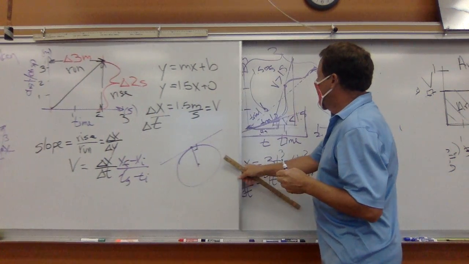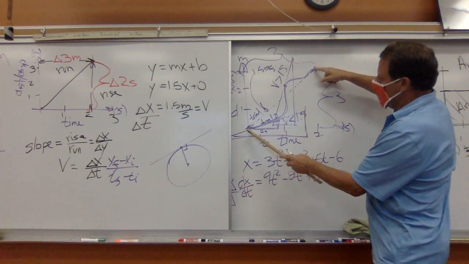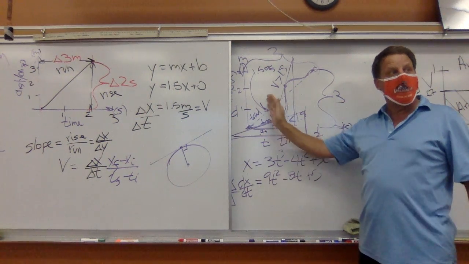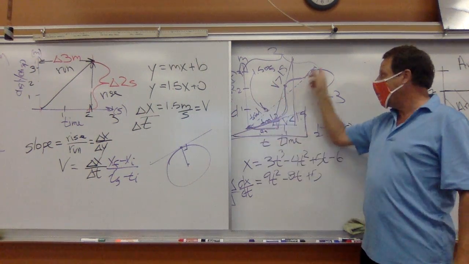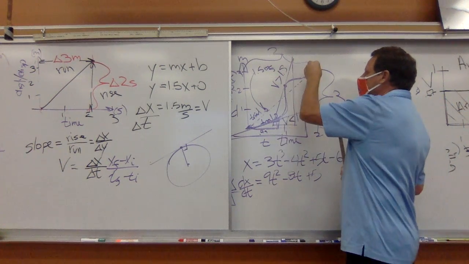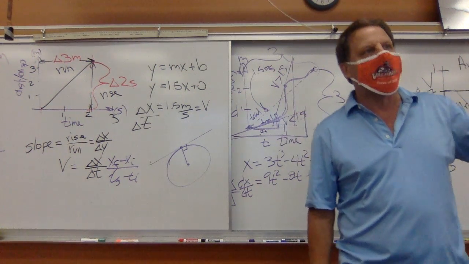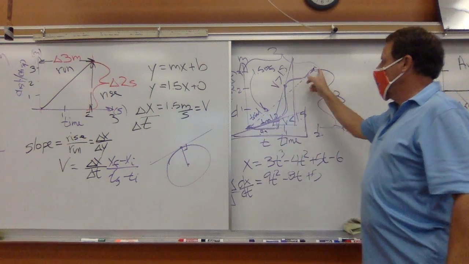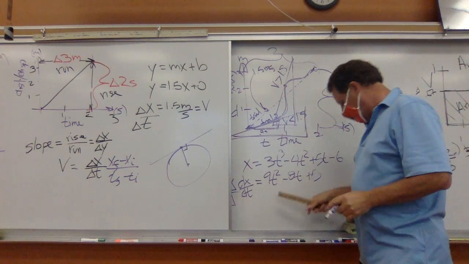Those are the deltas there. All this going slower and faster and slower and faster is going to average out because they end up in the same place at the same time, so the average is going to be the same.